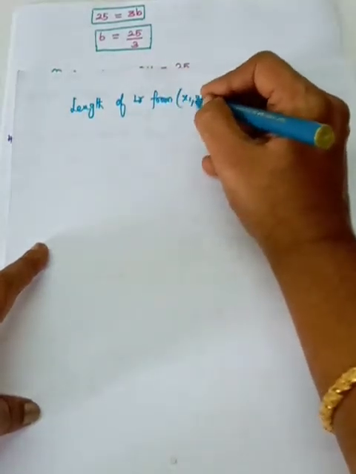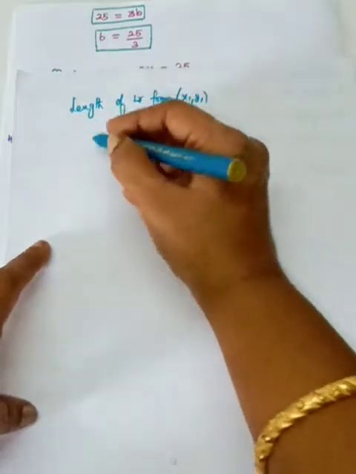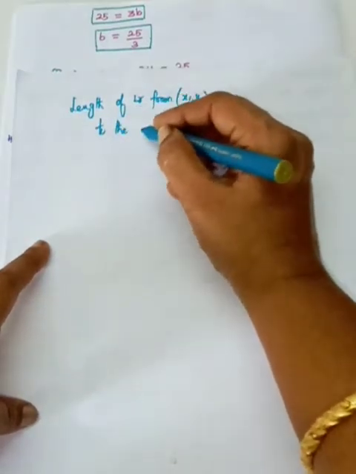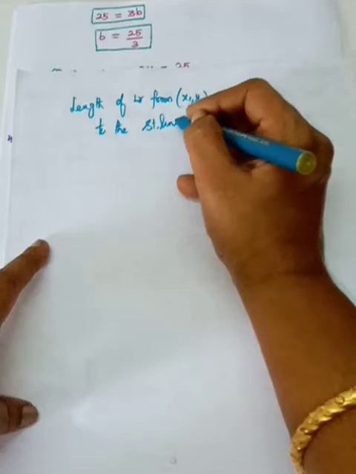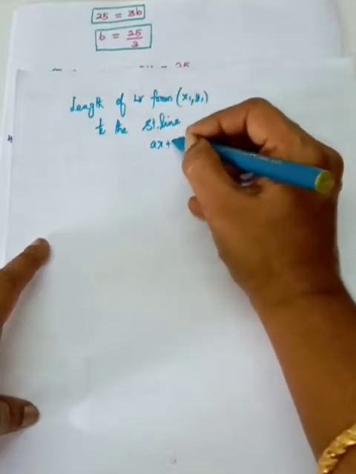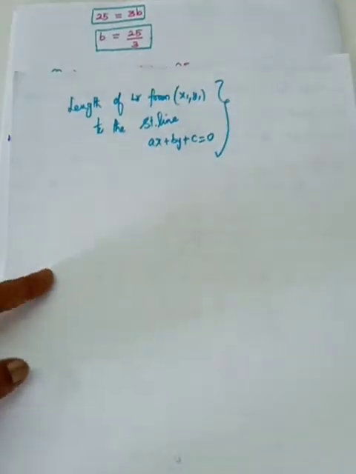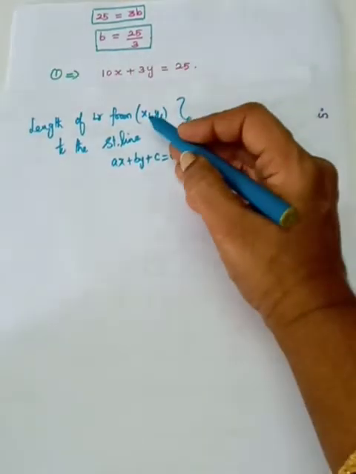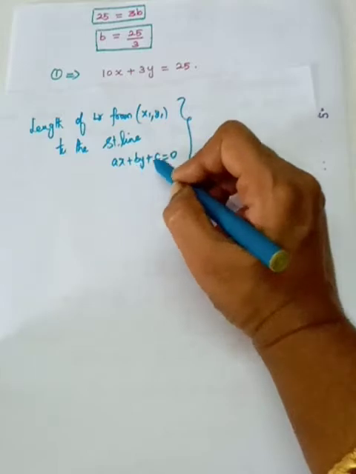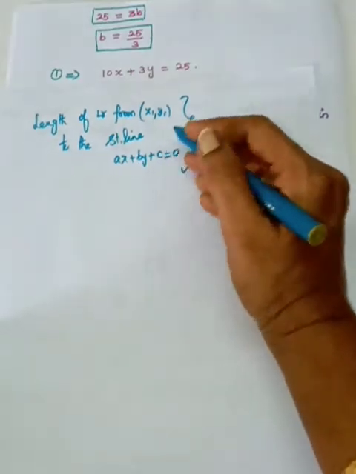First I'll take (x1, y1) and the straight line equation, which generally we take as ax plus by plus c is equal to 0. The length of the perpendicular formula is: first you have to substitute the point in the left hand side of the equation.